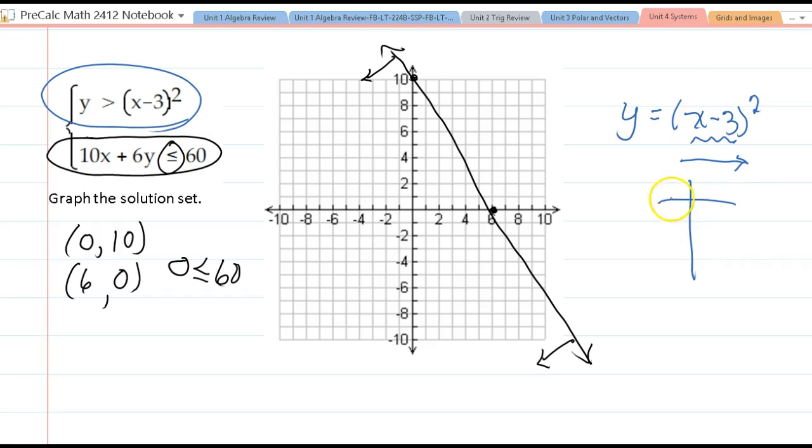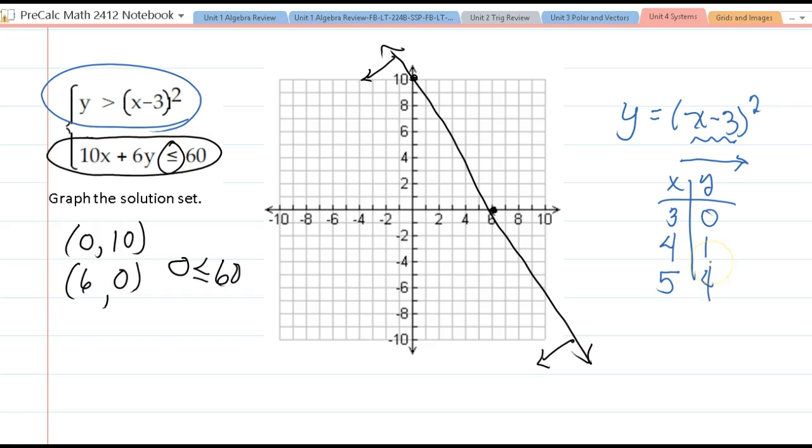So what happens is that we can also plug in points. You know something funny is happening when x is equal to 3. When I plug in x equal to 3, 3 minus 3 is 0, so y is equal to 0. That kind of gives us a clue. If we let x equal 4, we see 4 minus 3 is 1, squared is 1. I'll do one more. At 5, 5 minus 3 is 2, and 2 squared is 4.